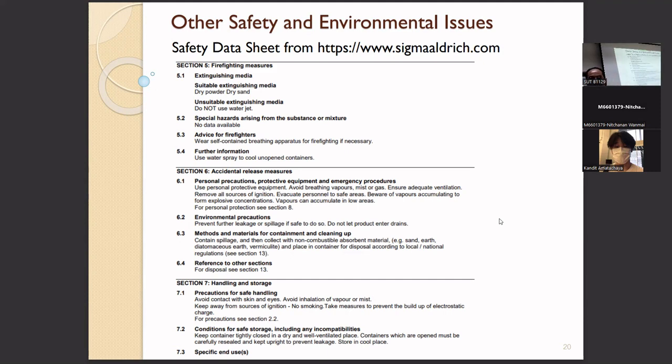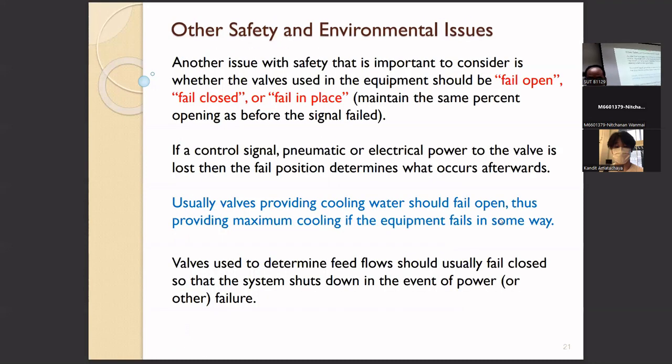The properties, the density, the molecular weight are found in the material safety data sheet. Like the safety valve, it's very important in the laboratory.